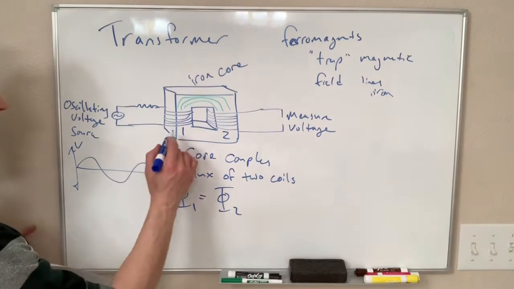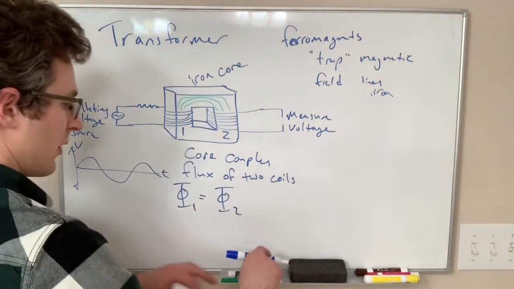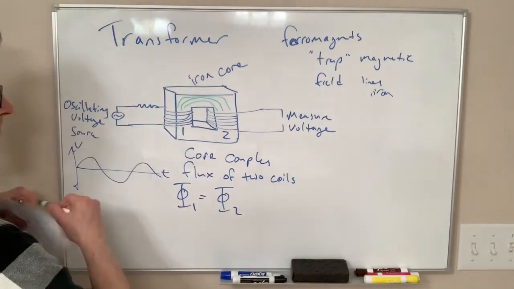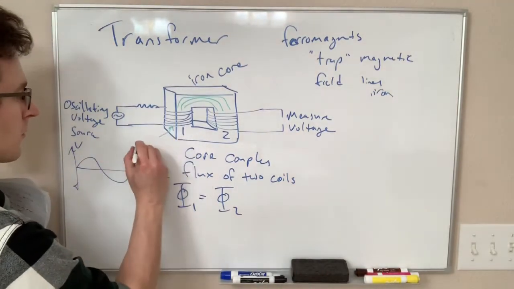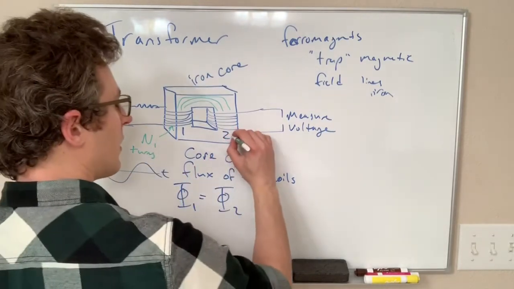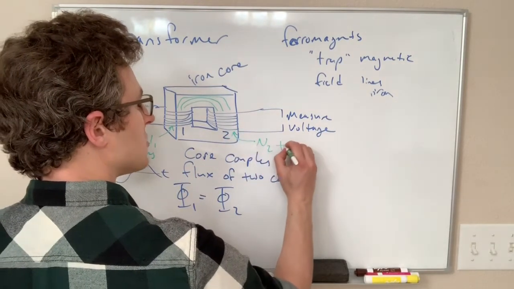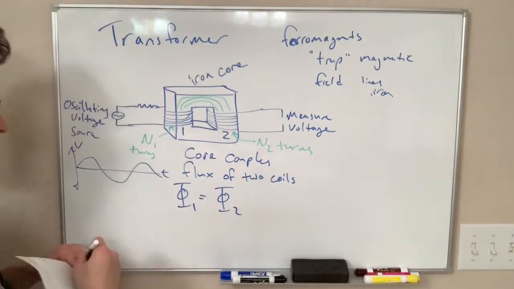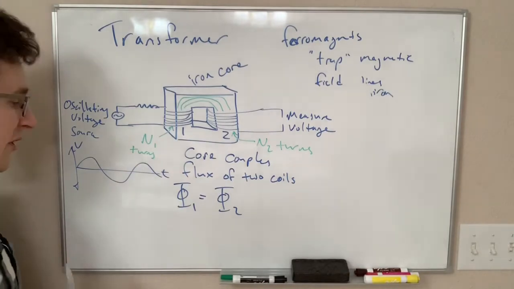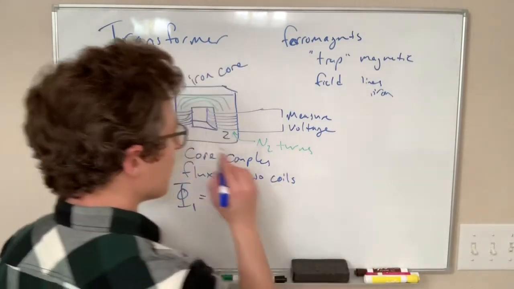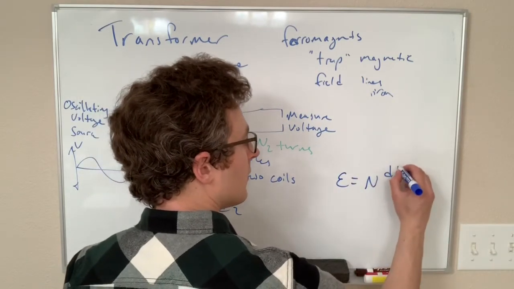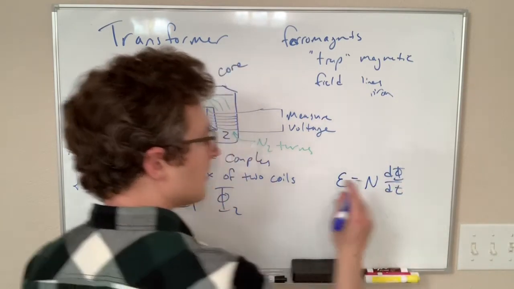So if I have N windings of the coil on the left, I should say N1, N1 turns around there, and N2 turns on side number 2. Now remember, from Faraday's law, we know that for coils of wire, our EMF is equal to N times d flux dt.